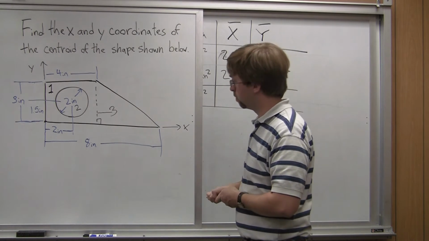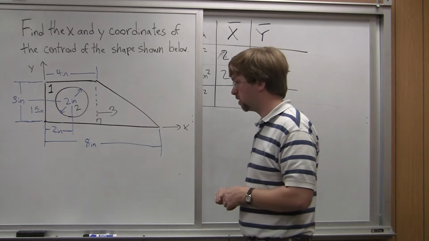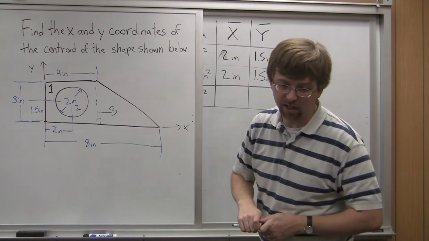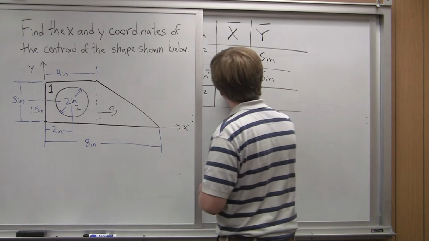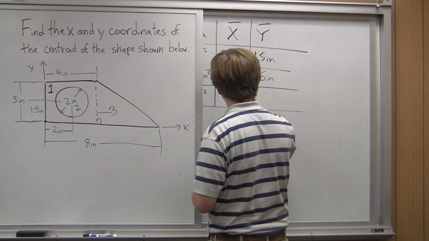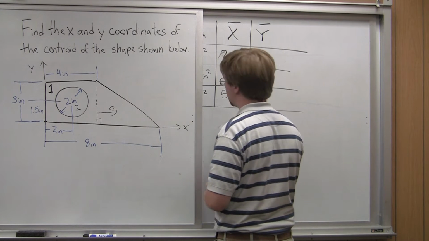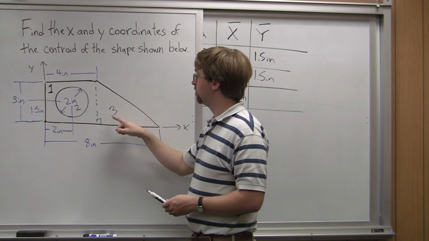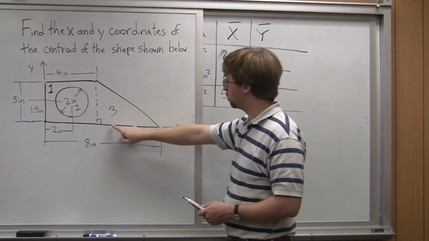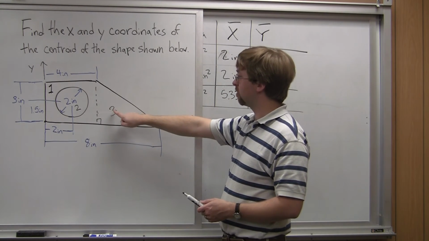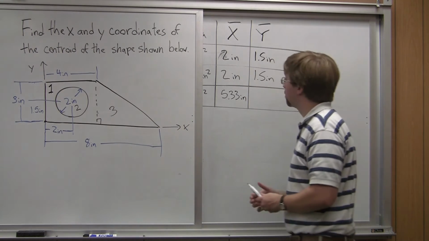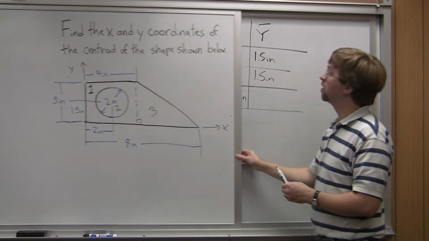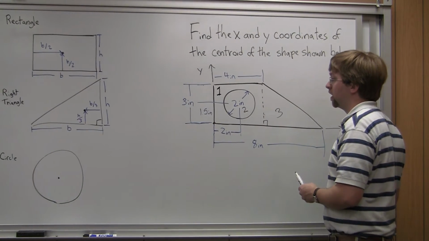So 4 inches plus 4/3 inches gives me a value of 5.33 inches. That means the x-coordinate for the centroid of this triangle is 5.33 inches over, somewhere around here or so.